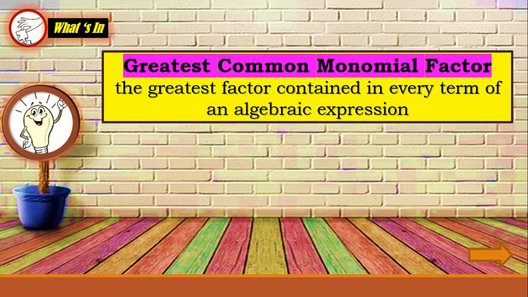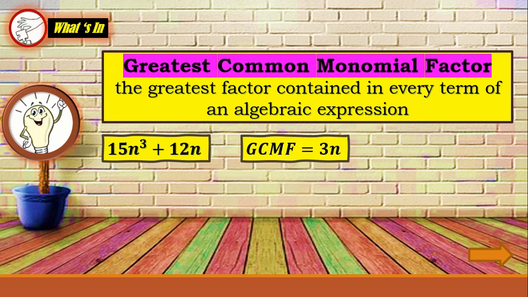What is greatest common monomial factor? The greatest common monomial factor is the greatest factor contained in every term of an algebraic expression. For example, 15n cubed plus 12n. The GCMF is, that is right, 3n.